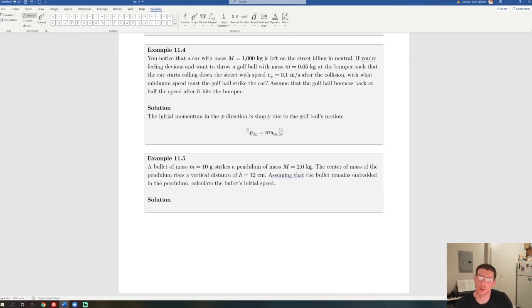It's just the mass of the golf ball times its initial x component of velocity. And that's it. And then again, it would be the same thing, right? If we wanted to include the car, it's fine, but we would just write big M times 0. And so, of course, that term goes away, and it just works out to be this.